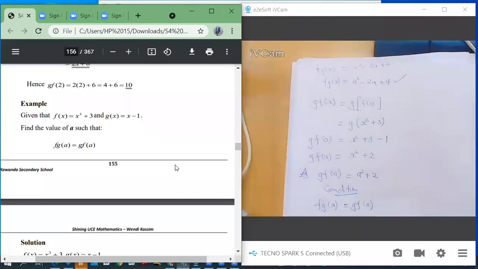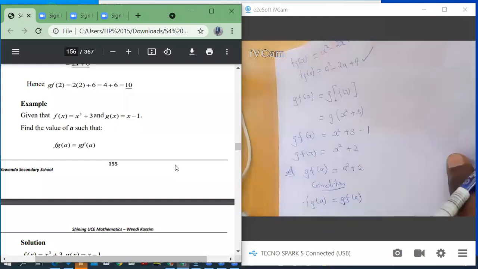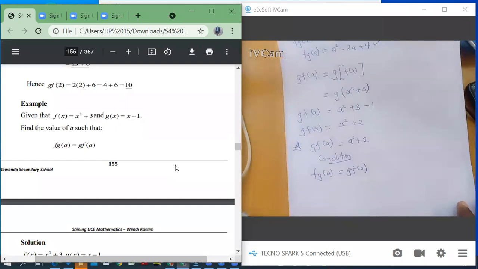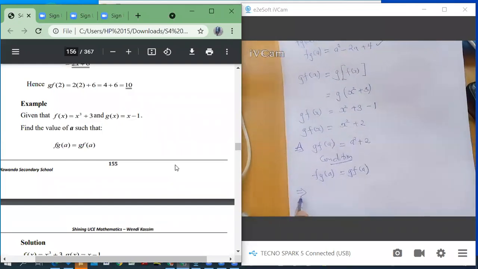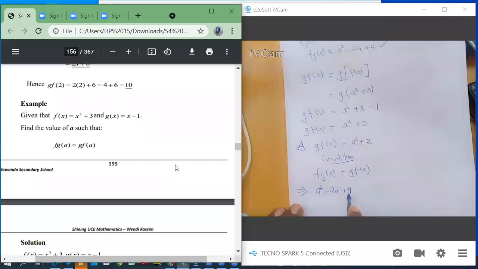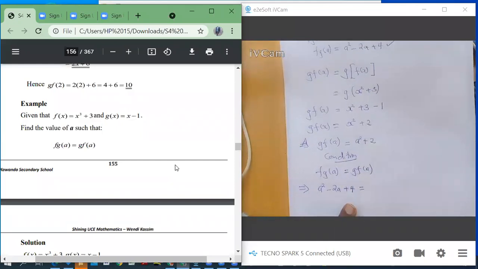So we have got the two functions now. Can we substitute them back? F g of a was a squared minus 2a plus 4, equals a squared plus 2.